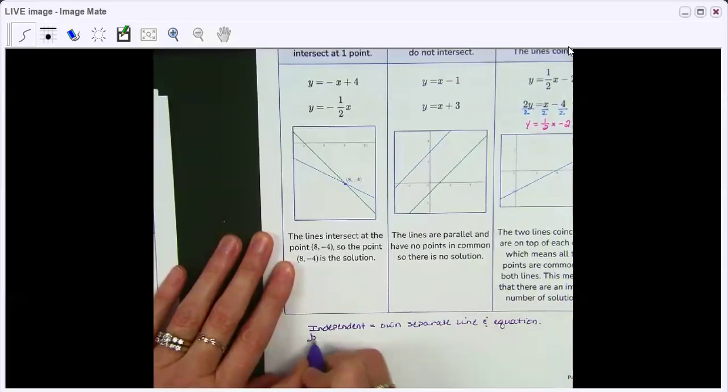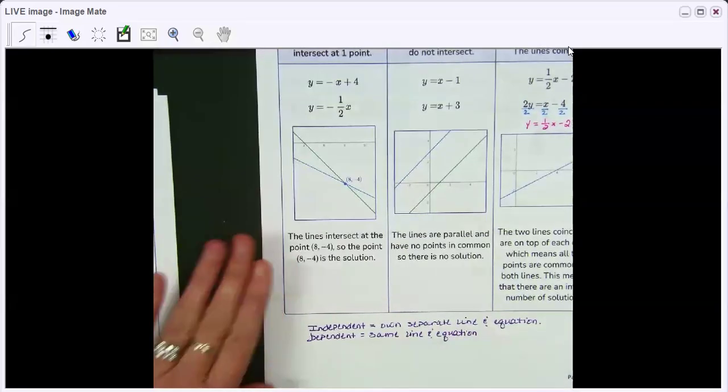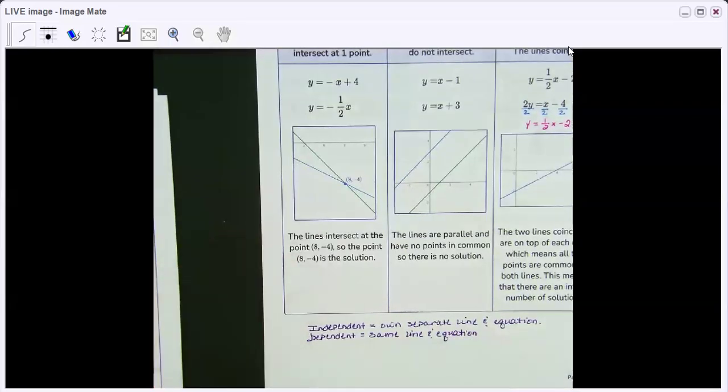And dependent, same equation, or same line and equation.